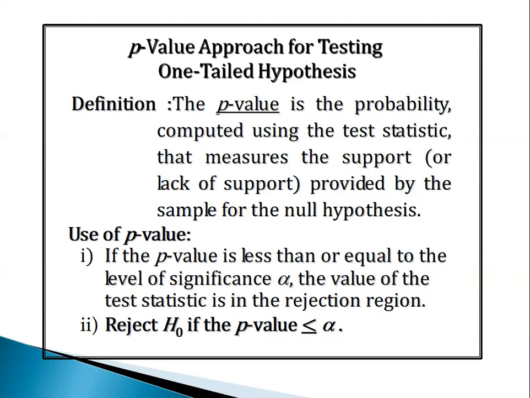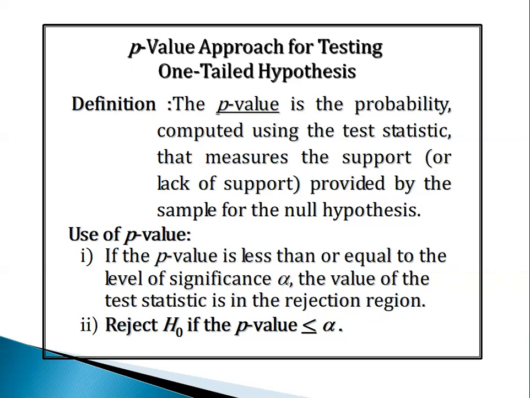It can be defined as the probability computed using the test statistic that measures the support or lack of support provided by the sample for the null hypothesis. Use of the p-value: if the p-value is less than or equal to the level of significance alpha, the value of the test statistic is in the rejection region.